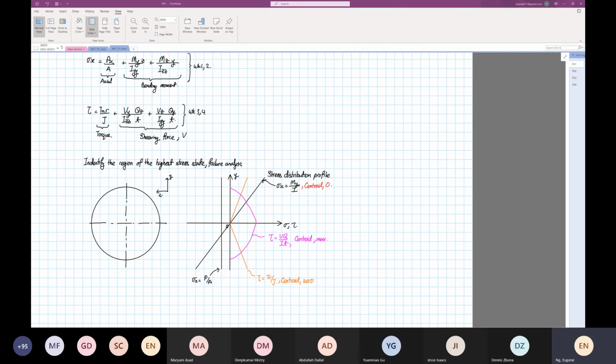So down here, at the centroid or away from the centroid, it does not matter. That is constant.